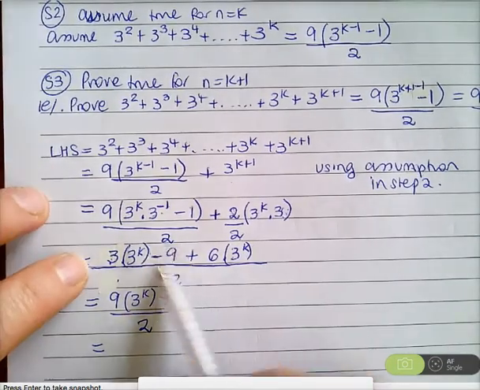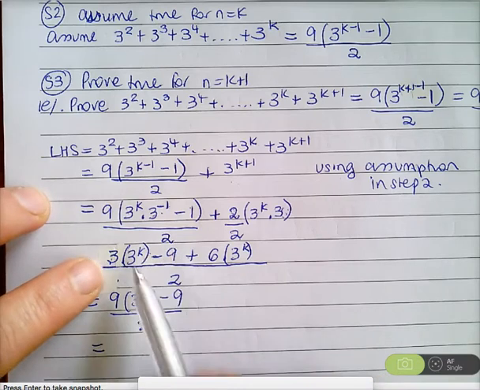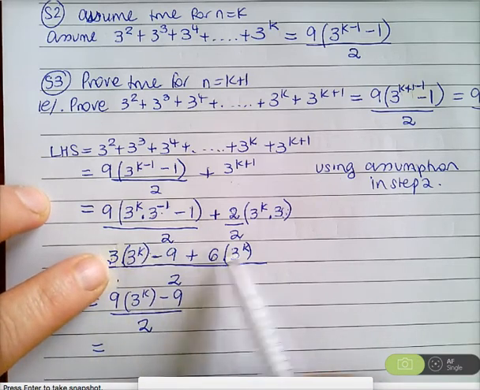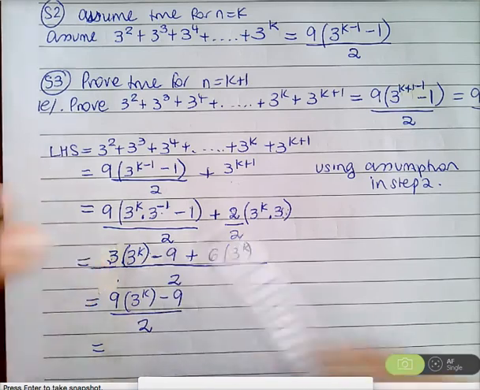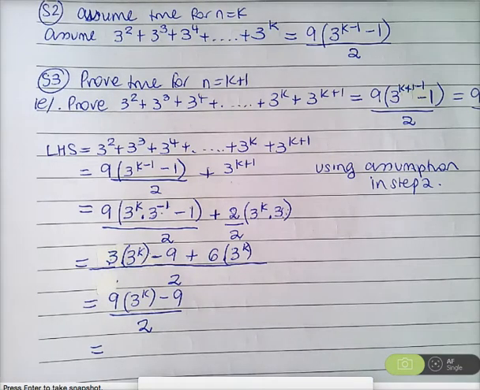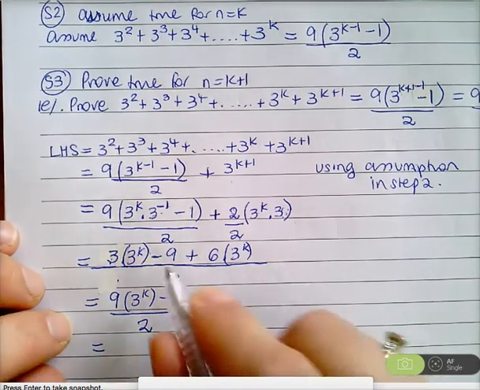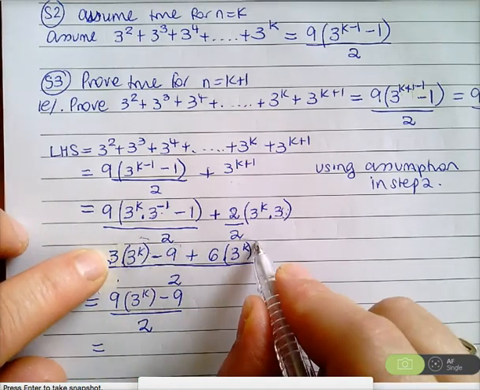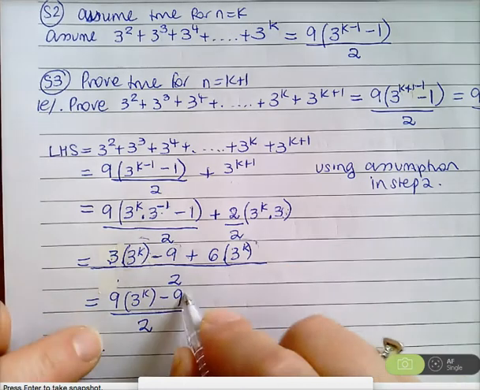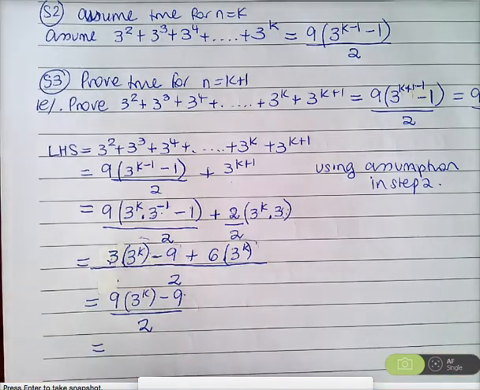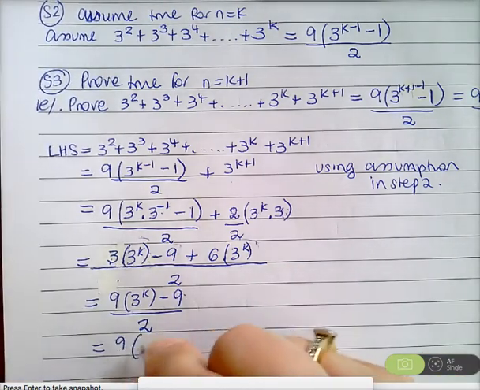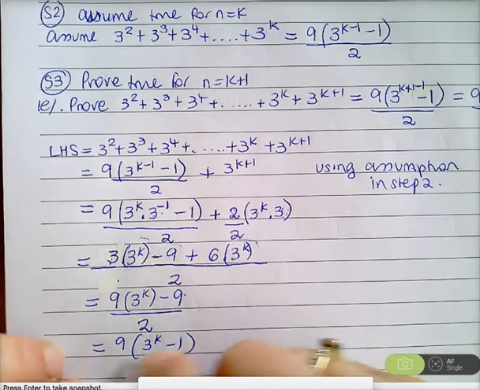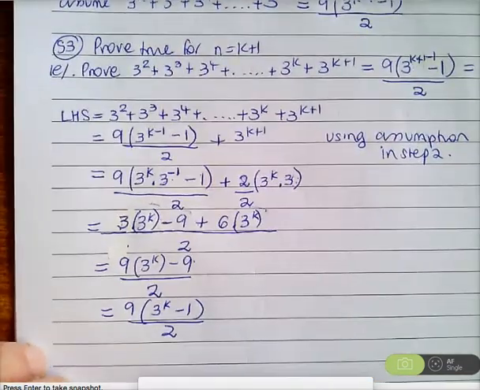You've got a minus 9 here. So 3 lots of 3^k plus 6 lots of 3^k. Just think of the 3^k as an x or something. 3 lots of that plus 6 lots of that gives you 9 lots of that thing. Well, here's the minus 9. So I've combined that and this together, and then I've got minus 9. Now, isn't 9 a common factor? 9 bracket 3^k minus 1 over 2, which equals the right-hand side.